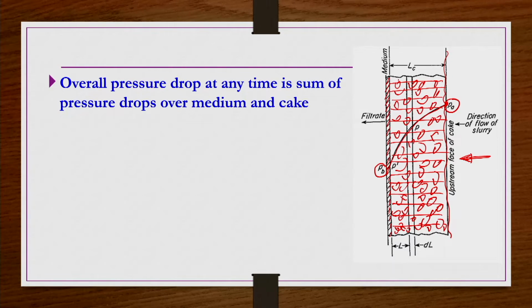If you divide this cake into n number of layers, each layer is in general going to have different properties, but we try to avoid such complications. That is one reason.